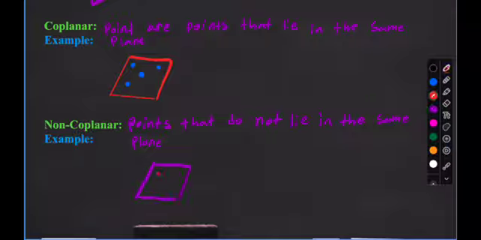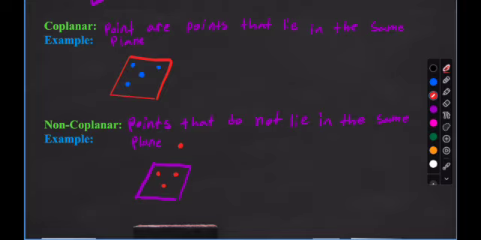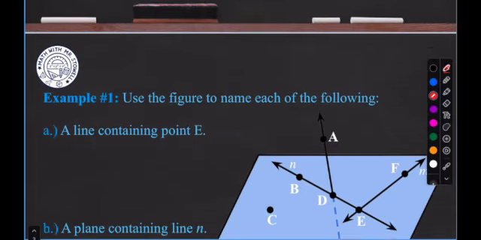Let's say we have a point here, a point here, a point here. These 3 points are all in the same plane. And let's say we have a point out there. That's not in the same plane as these 3 points. These are not coplanar. So those are examples of that.